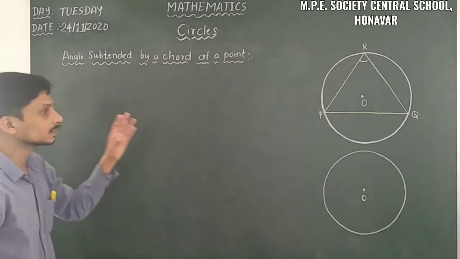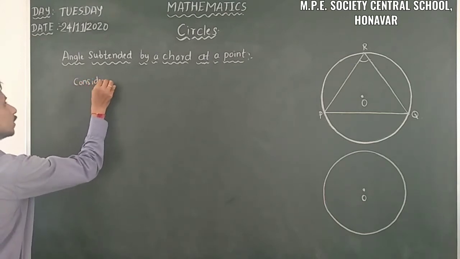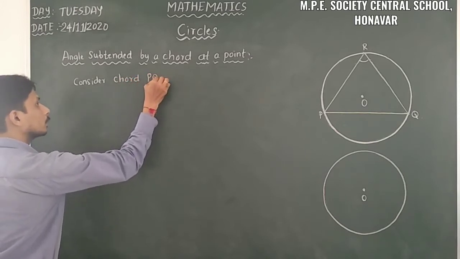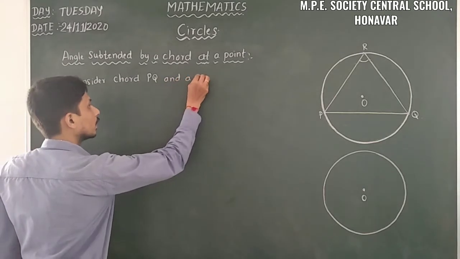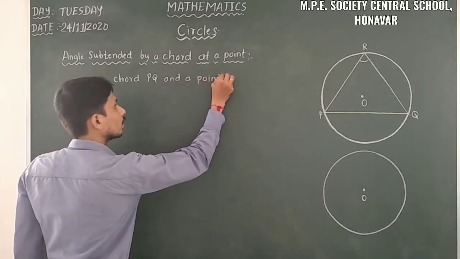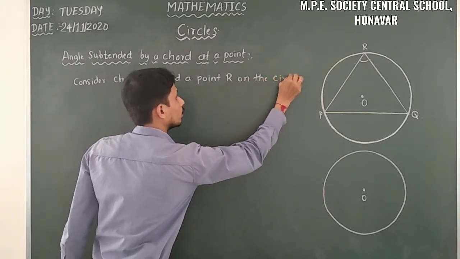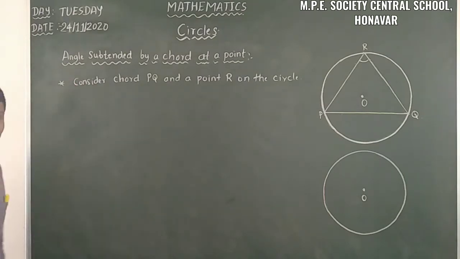So firstly we consider the chord PQ and a point R on the circle. This is the first point we can take.